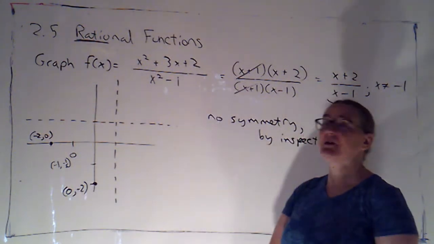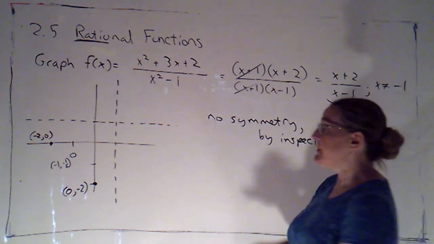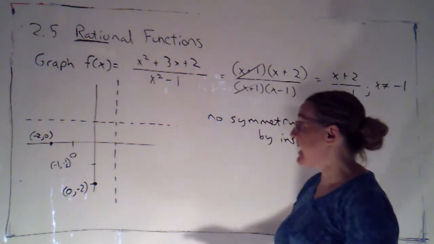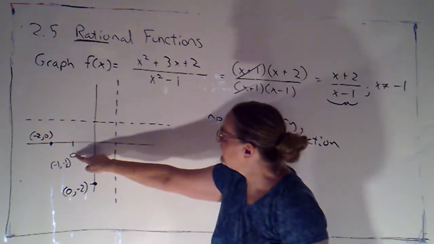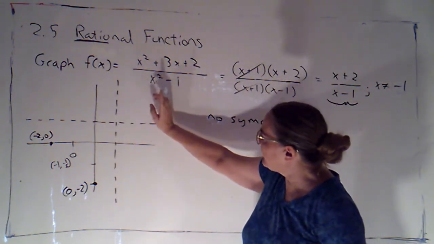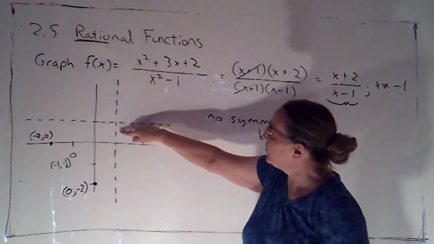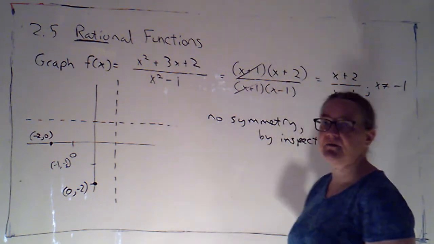So this is not symmetric about the y-axis. It's not symmetric about the origin, because if it were, I could flip it upside down and it would look the same. Again, that would put an asymptote over here, that would put a point over here, and that would put a hole up at, let's see, it would be at 1, 1/2. Okay. So I don't see those mirror images.